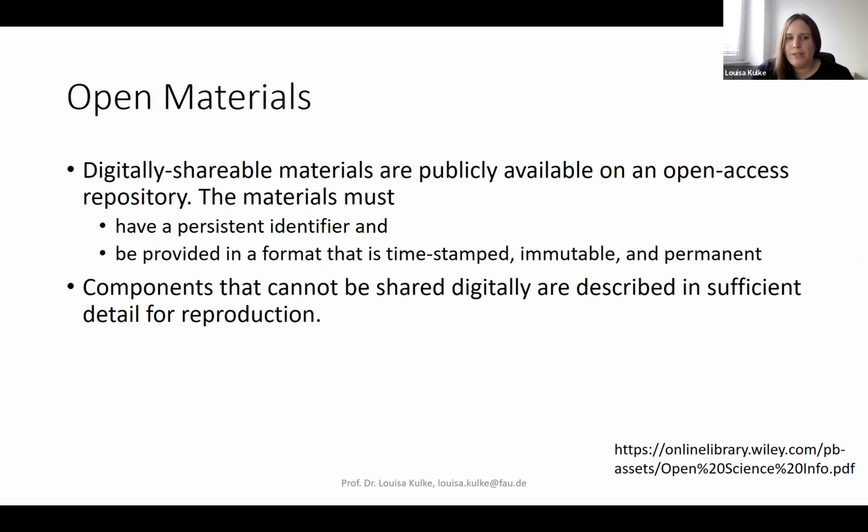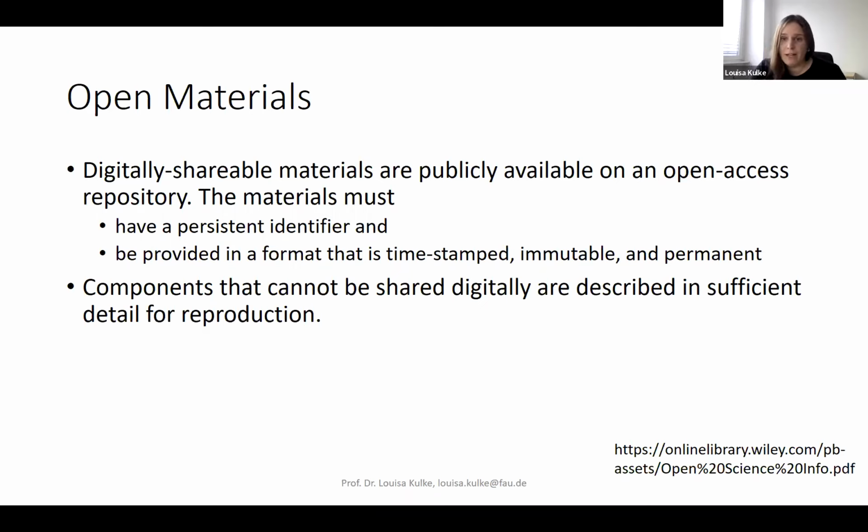The components that cannot be shared digitally should be described in sufficient detail for reproduction. For example, you might have materials where you show pictures to participants and you measure their responses to those pictures. And that would be great. So you can share the pictures openly and everybody can download the pictures, but you might then use a specific screen to present those pictures. And the screen can either be 2 meters in diameter, or it can be a very tiny laptop screen or even a smartphone screen.